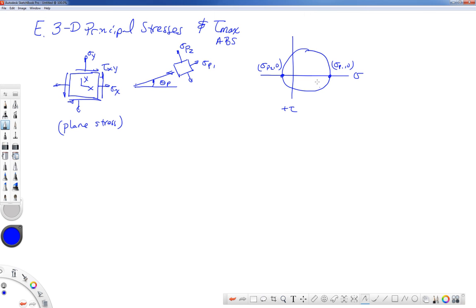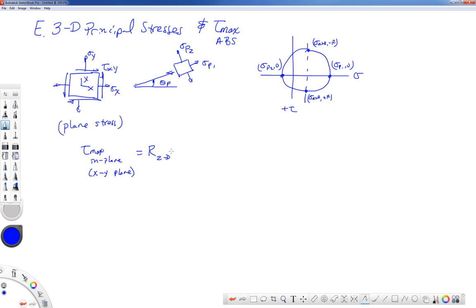We know that the maximum shearing stress was represented by the vertical diameter of Mohr circle, with the points sigma average, plus r, the radius of the circle, and sigma average, minus r. So tau maximum, in plane, meaning in the xy plane, would be the radius of our two-dimensional circle for the two-dimensional stress state.